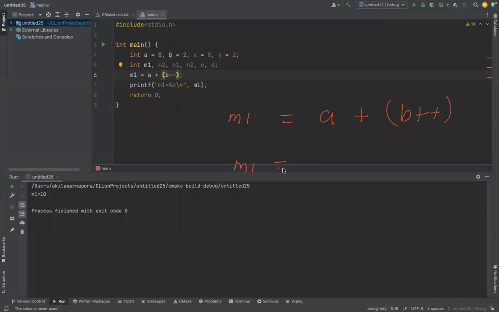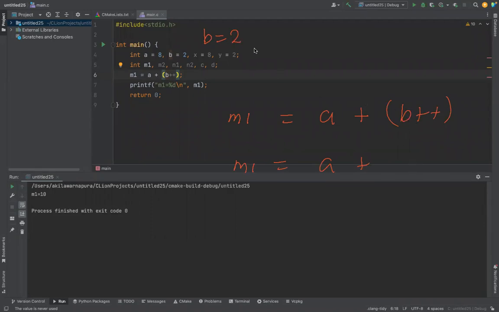Okay. M1 is equal A plus, here plus plus means increment the B value by 1. B equal to, you need to increment, but this is postfix. Postfix means before you increment to the 3, assign the B value to the here.